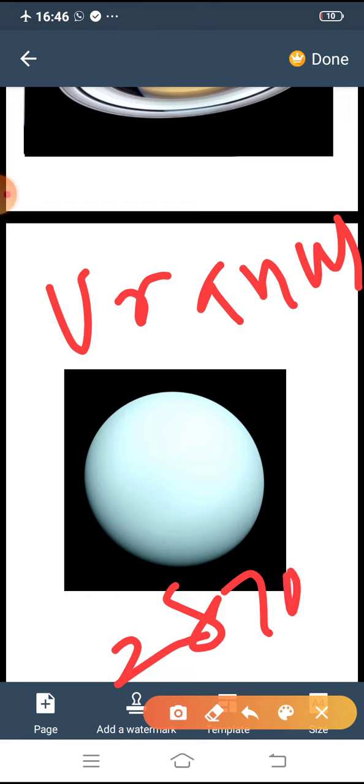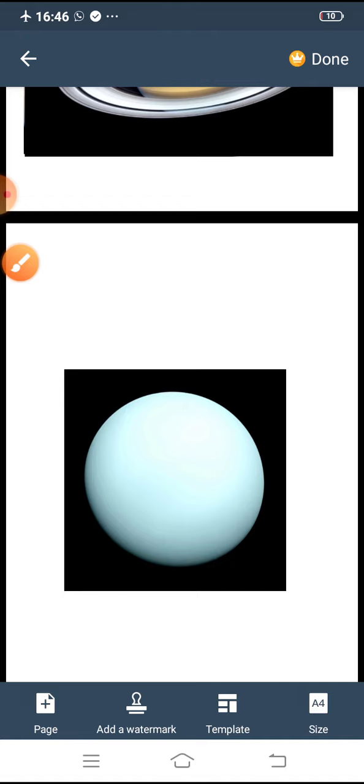Uranus is at a mean distance of 2,870.99 million kilometers from the Sun and revolves around it in 84.01 years. Not days, it's years. It rotates about its own axis in 17.2 hours. It has at least 11 rings and 15 known moons.